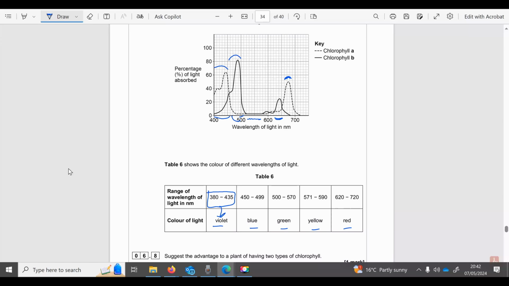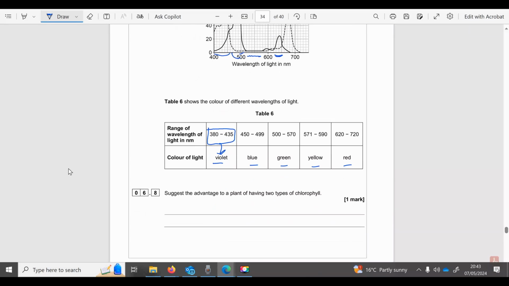You wouldn't have anything just after 600 because it would just be chlorophyll A. Conversely, you wouldn't have anything below 450 if there was no chlorophyll A. You wouldn't have anything just before 700 because there is no chlorophyll A. So the advantage is that the plant can absorb a greater wavelength range of light.